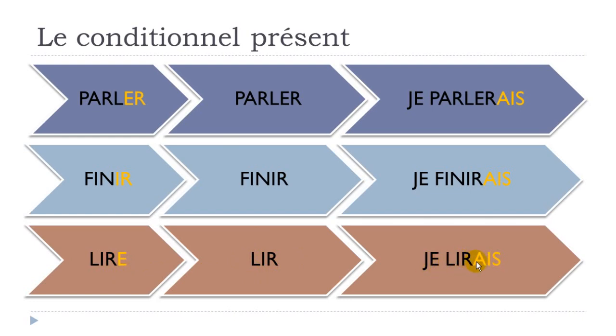Je lirais. All right, so the rule goes like, if you've got final e then you take it away, you've got your form here, L-I-R, and then you add your ending, A-I-S, je lirais, okay? So you've got 3 forms here, and they're actually the conditionnel présent forms. Je parlerais, je finirais, je lirais, okay? Parler is to talk or to speak, finir to finish or to end, lire to read.